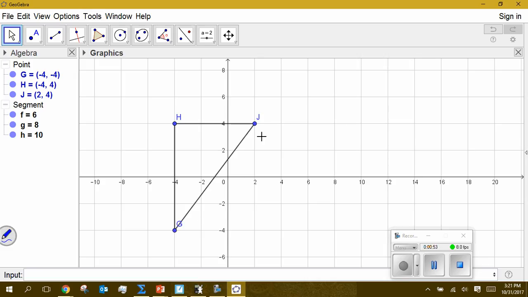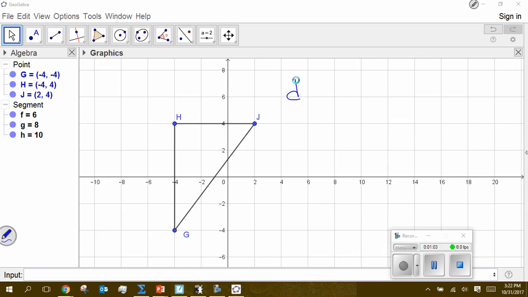Finding J to G might be a little harder. But remember what we do when finding distance on coordinates: distance is equal to the square root of (x2 minus x1) squared plus (y2 minus y1) squared. That's what we're going to think about in the back of our minds as we do these problems.